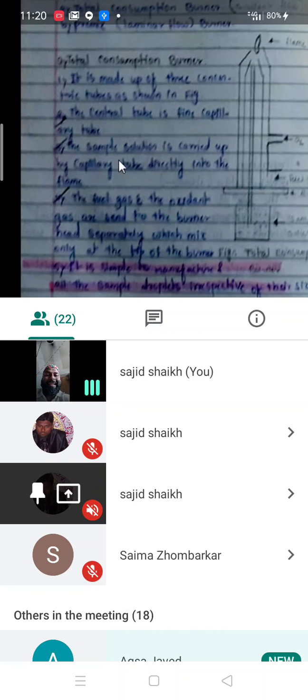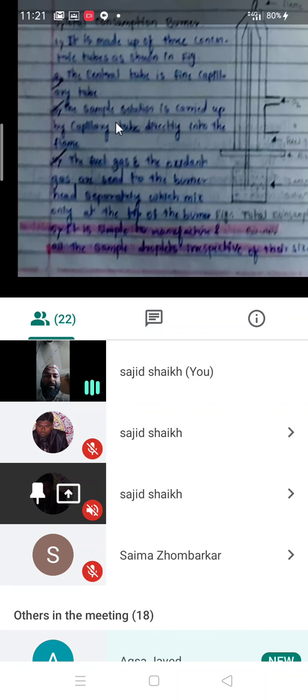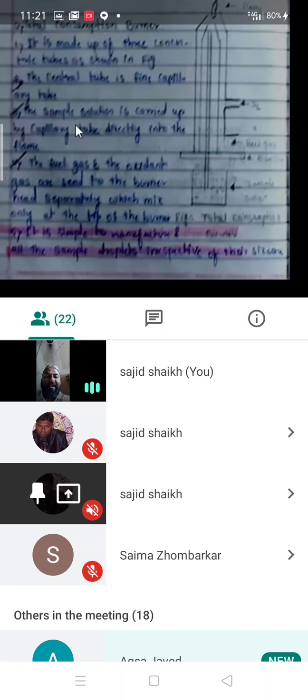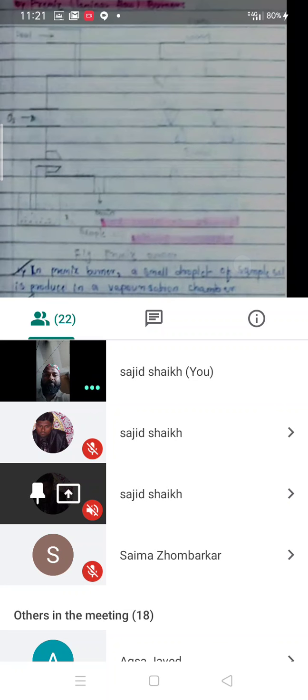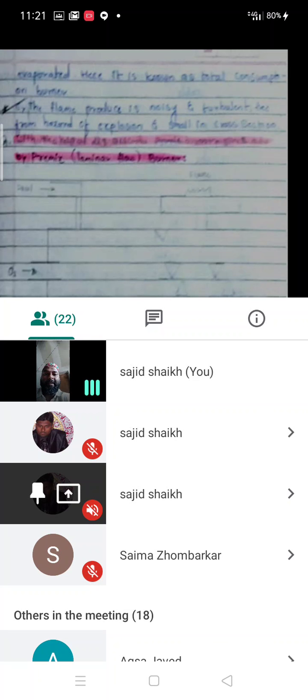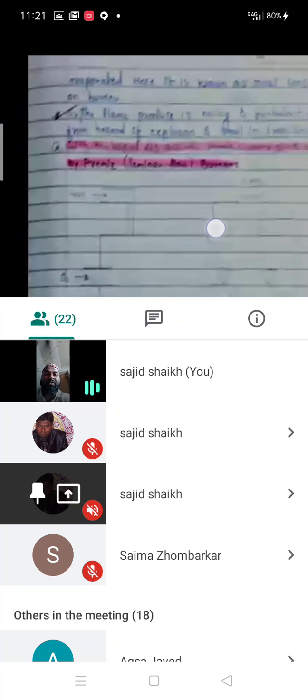The fuel gas and the oxidant gas are sent to the burner head separately, which mix only at the tip of the burner. It is simple to manufacture and all the sample droplets, irrespective of their size, are evaporated, hence it is known as total consumption burner.